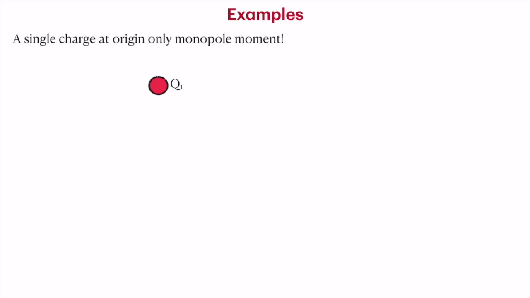Let's take some simple examples to throw some light on this. What we have here is a single charge placed at the origin, essentially only a monopole term. There is no other higher multipole moment, because it's a completely spherically symmetric system.